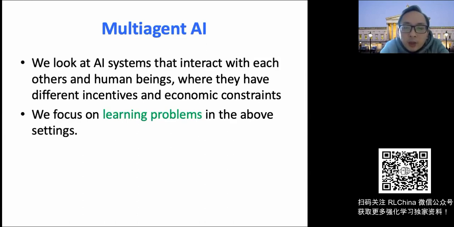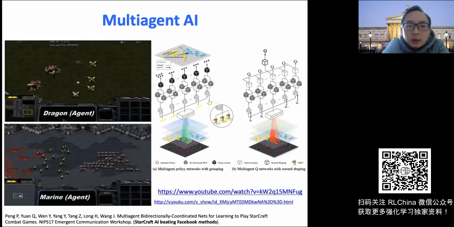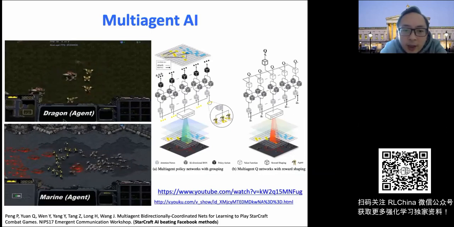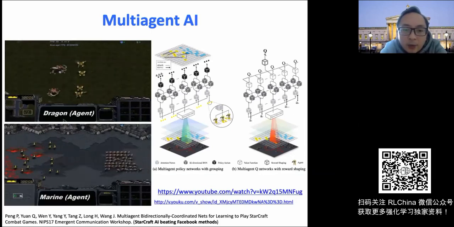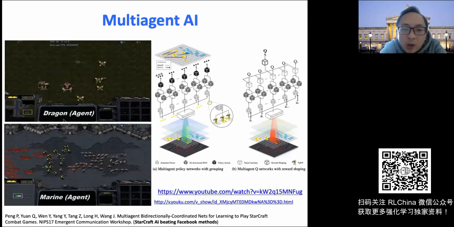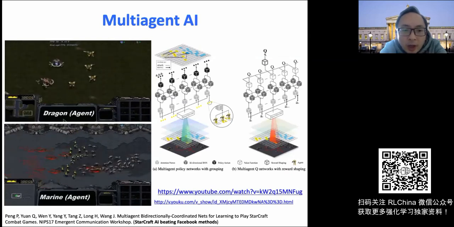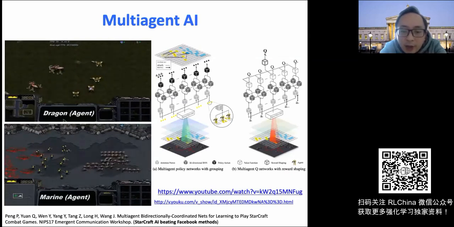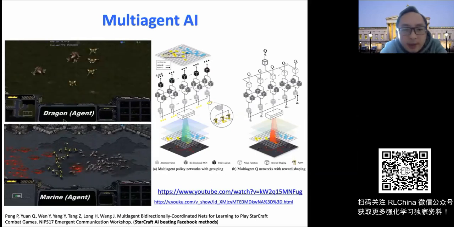In other words, we look at how a machine, based on data and a number of trial and errors, can gain knowledge from the process. This is what we did a few years back looking at StarCraft. We did one of the earliest works on StarCraft AI. Actually, at that time, we beat the Facebook method.